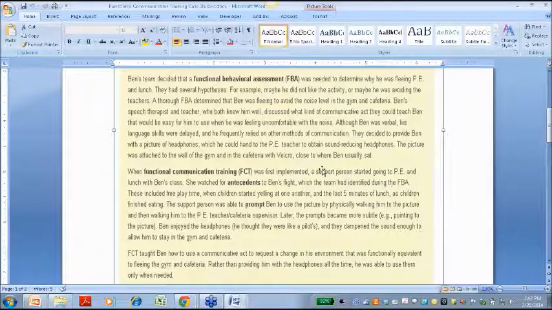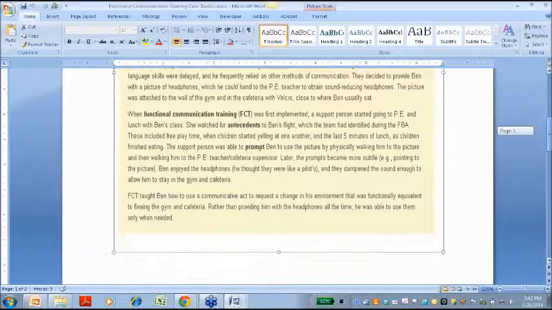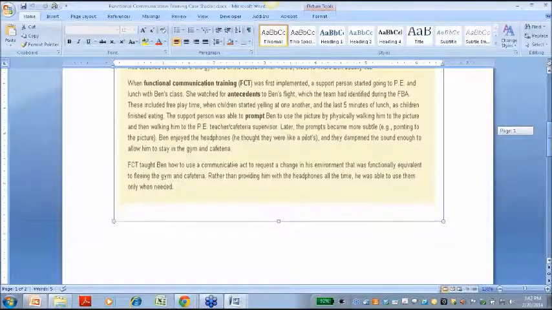They decided to provide him with pictures of headphones, which he could hand to the PE teacher to obtain sound-reducing headphones. The picture was attached to the wall of the gym and the cafeteria with Velcro, close to where Ben usually sat. When functional communication training was implemented, a support person started going to PE and lunch with Ben's class.